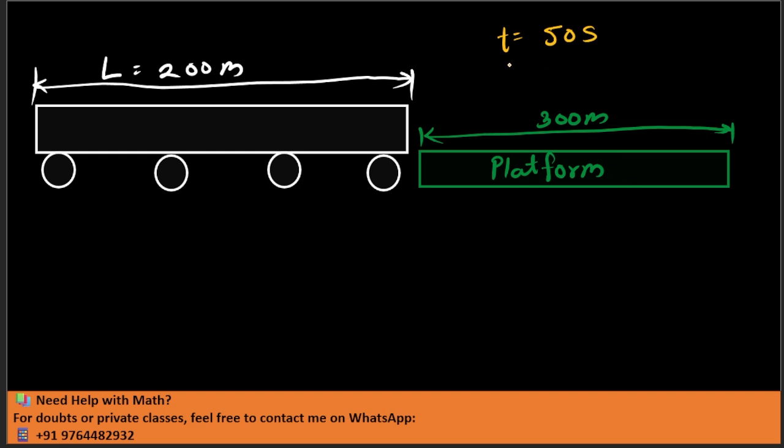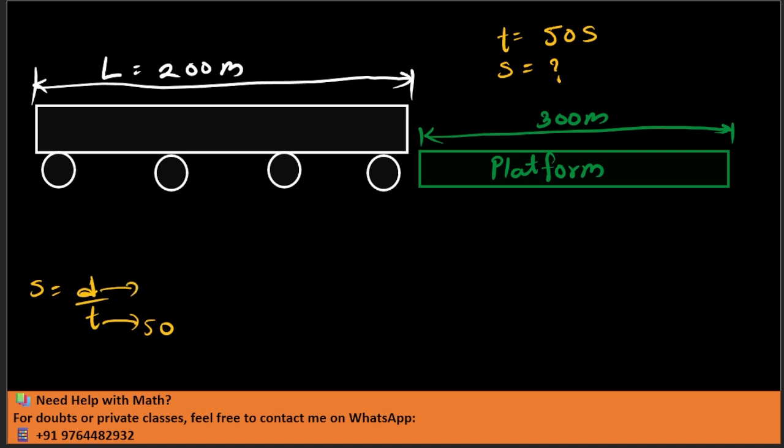So what is the speed of this train? Again the same formula I'm going to apply, that is speed is equal to distance upon time. I have time, that is 50, but I need the distance. So how to find this distance?